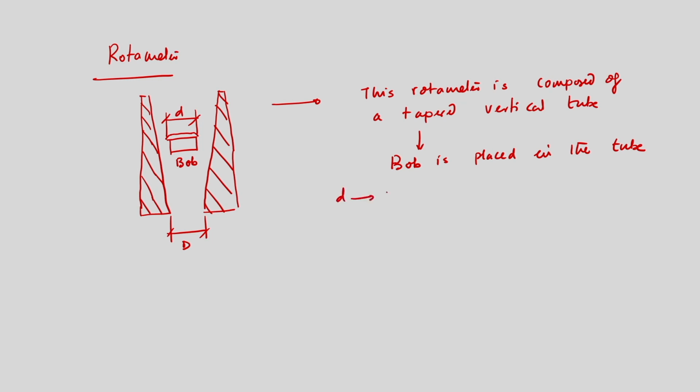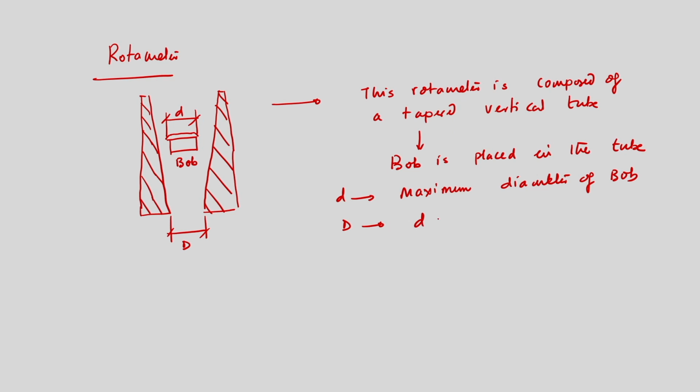Now, small d is the maximum diameter of the bob, and capital D is the diameter of the tapered tube at the bottom.